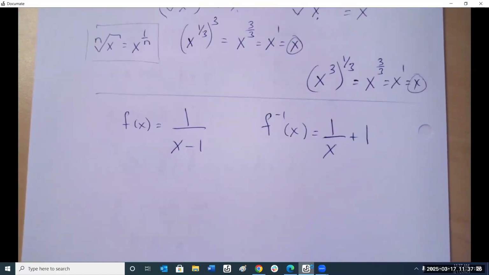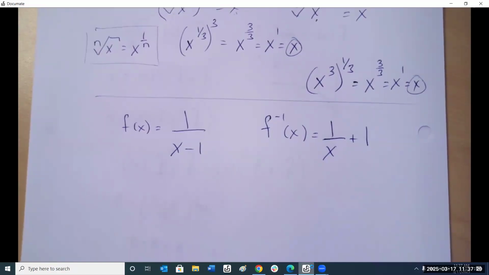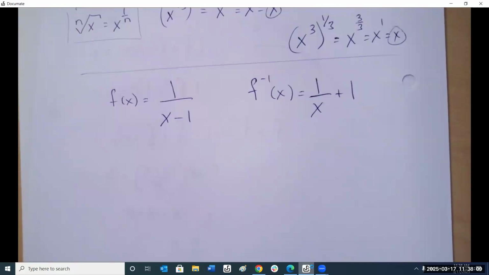Verify that these are inverses. This just looks ugly.